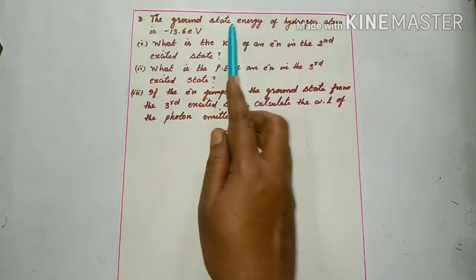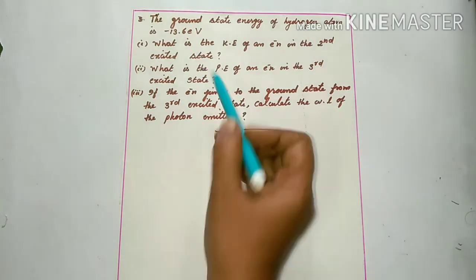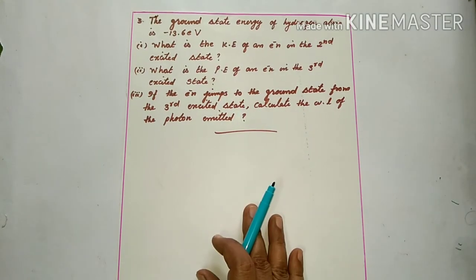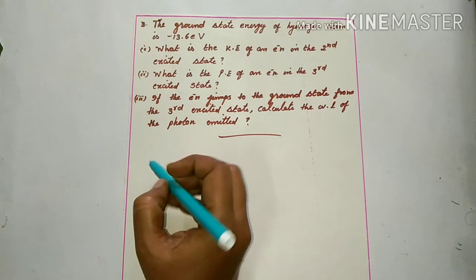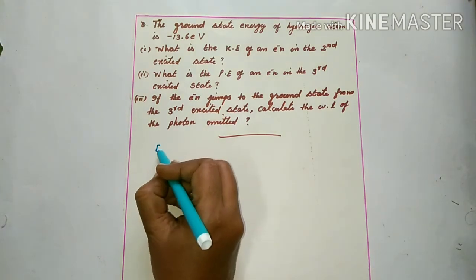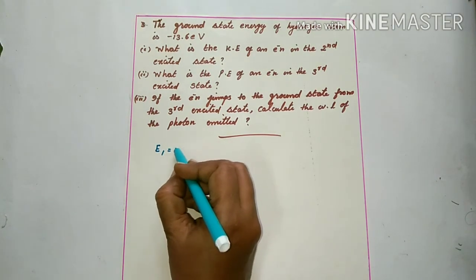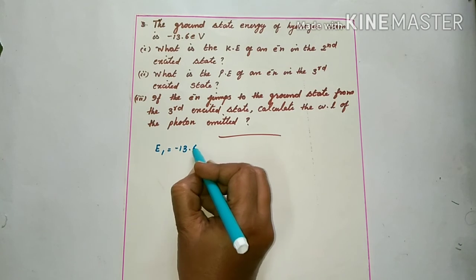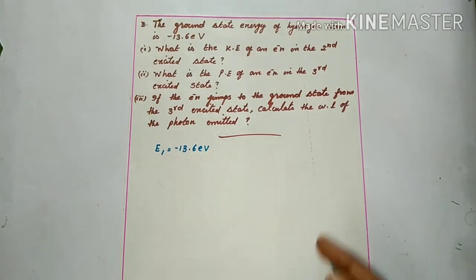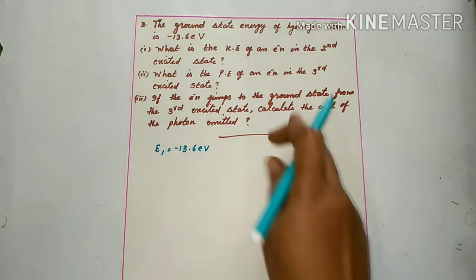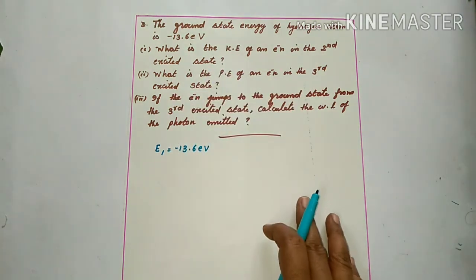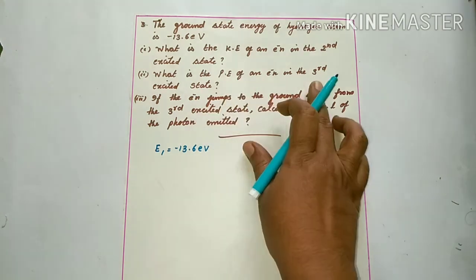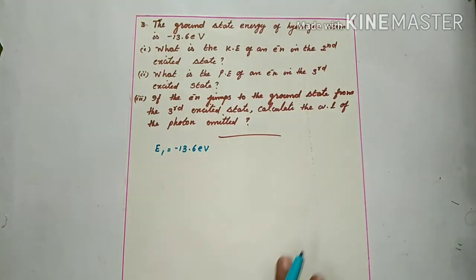So here the ground state energy of hydrogen atom is minus 13.6 electron volt, that is E1 equal to minus 13.6 electron volt. So the first part of the question, what is the kinetic energy of electron in the second excited state, and what is the potential energy of electron in the third excited state?